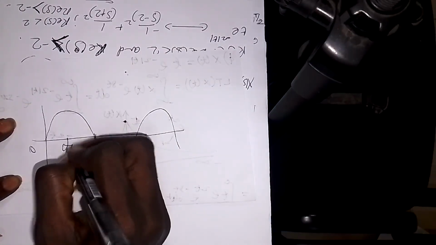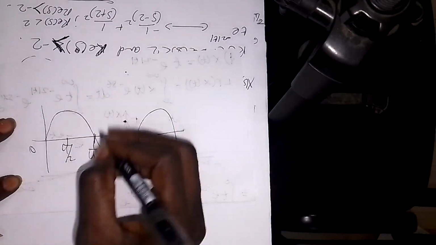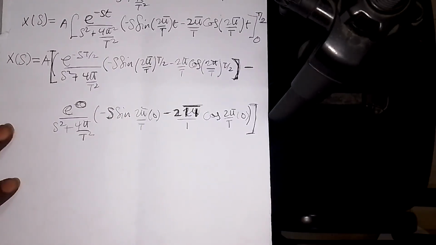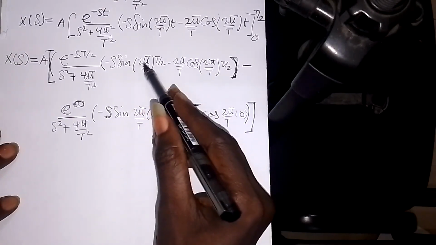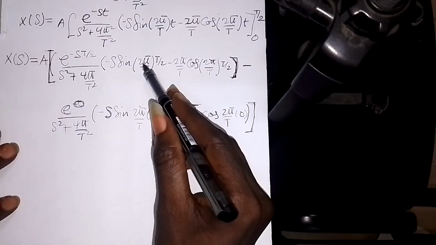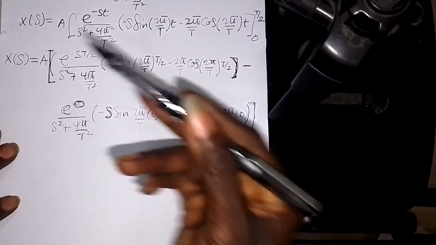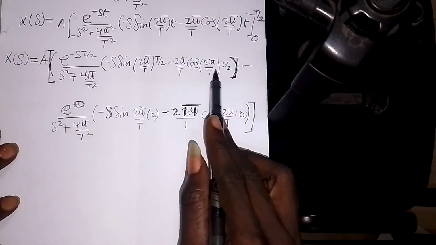Here is pi on 2, which is 1. So if sine pi is 0, the whole of this place becomes 0.